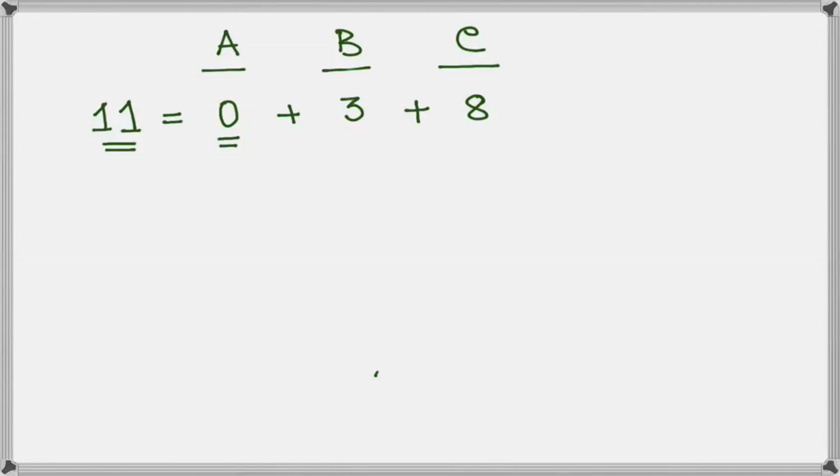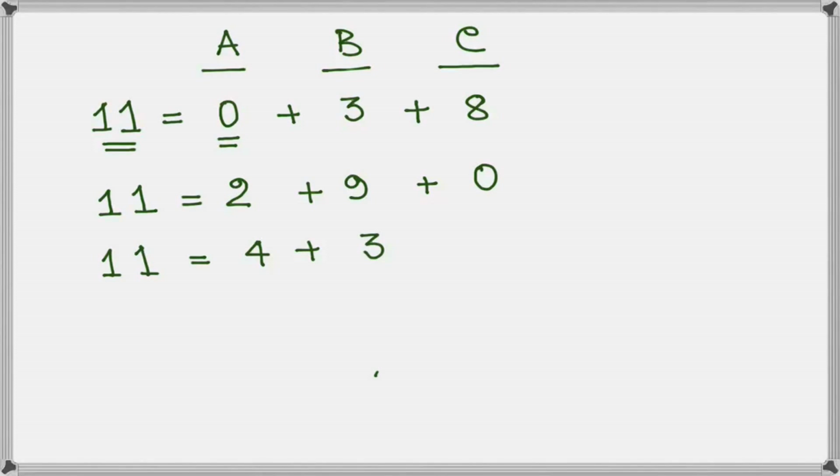Now similarly we get that 11 is equal to 2 + 9 + 0, and 11 is equal to 4 + 3 + 4, and 11 is equal to 8 + 3 + 0.